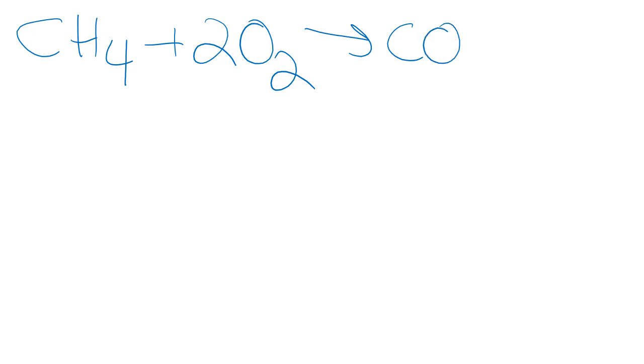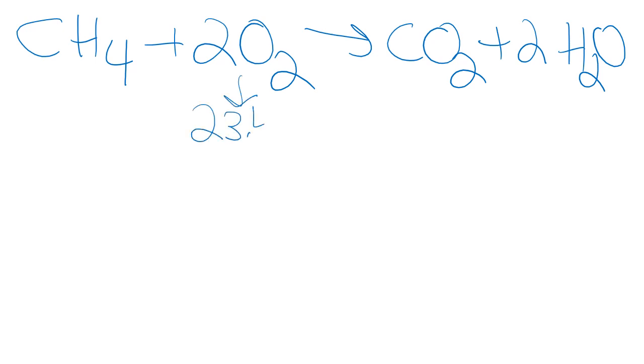Now we have to find the percent yield using the only thing that matters, which is oxygen. I'm just going to write the reaction again. Methane plus 2 moles of oxygen forms 1 mole of carbon dioxide and 2 moles of water. The only thing we care about is oxygen, which has 23.4 grams, and we want to know how much carbon dioxide should form.